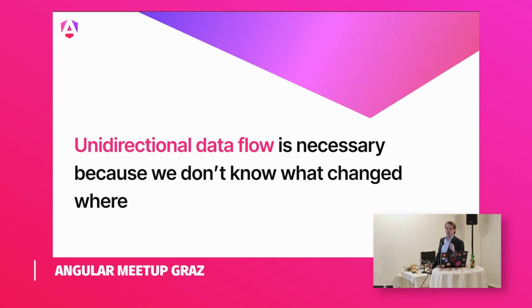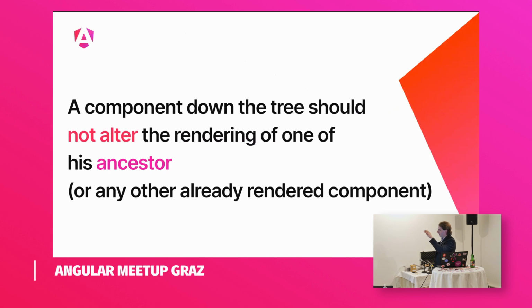When I mean unidirectional, remember the tree, it starts at the top and goes down. So always from the top to the bottom. So a component down the tree should not alter the rendering of one of its ancestors or any other rendered element. Do you know what happens if you do not do that?